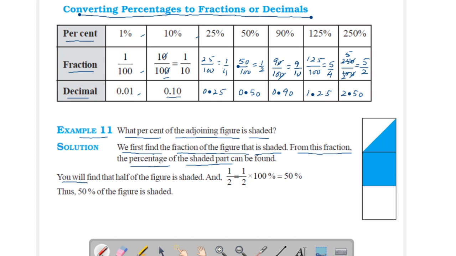You will find that half of the figure is shaded. That is, half converted into percentage, you have to multiply it by 100%. 1 upon 2 into 100%, and if you simplify it, you will get 50%. Thus 50% of the figure is shaded.